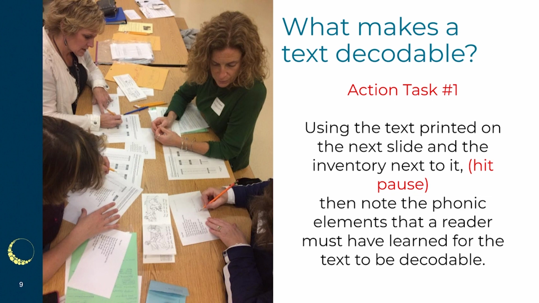And then I'm going to want you to grab some paper and note the phonic elements that your readers must have learned to make that text decodable for them. And I love this picture because this is from one of the Reading League's earliest events, and there's some teachers from the central New York area that came, and we actually did this. Everyone had the books and did all these action tasks. So we'll try to do it this way.